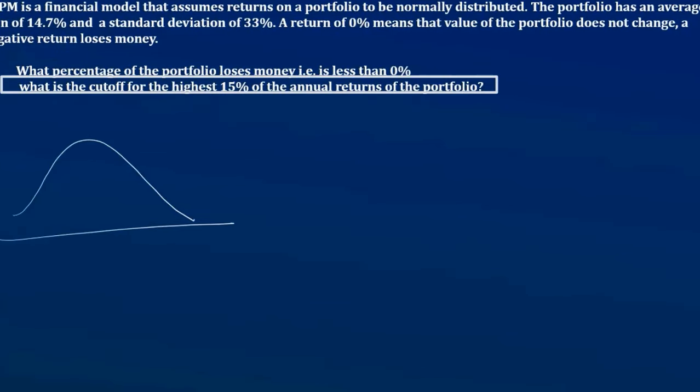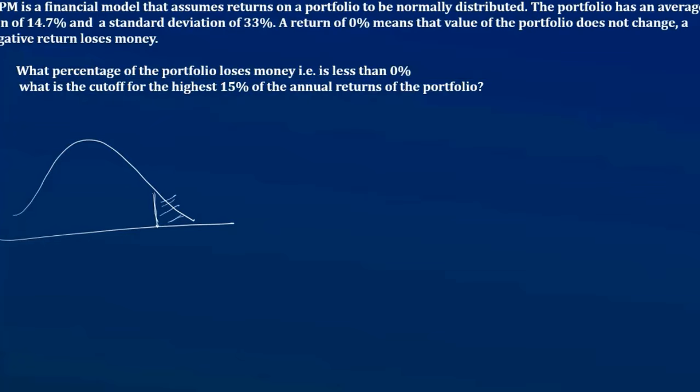What the question asks is, for the highest 15%, what is the cutoff, what is that percent of return cutoff? What I want is the Z value at this particular point. Now, if this is 15%, the other way to look at it is 1 minus 0.15, which is 0.85, because at 0.85 I get the area on the left hand side of the curve.